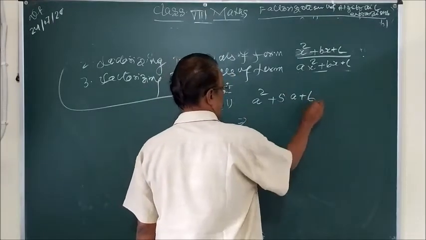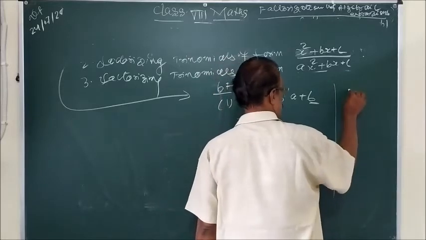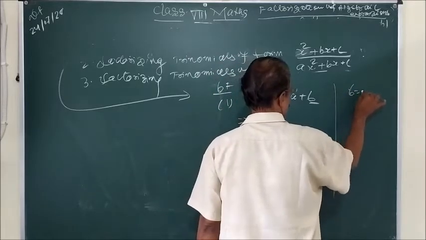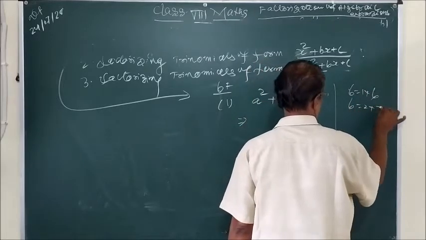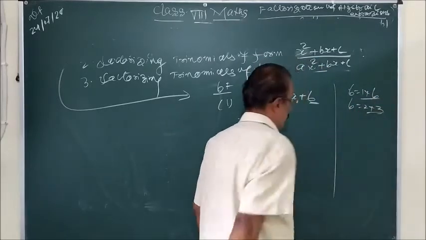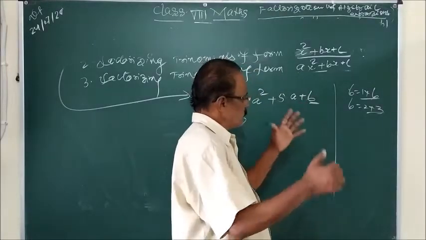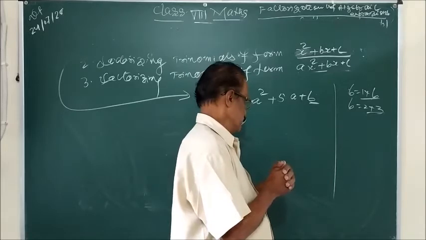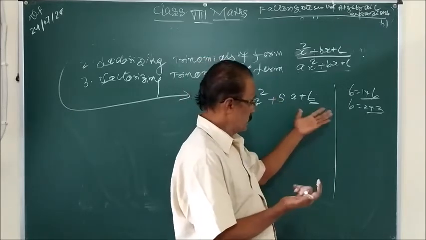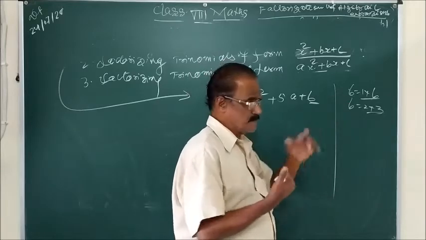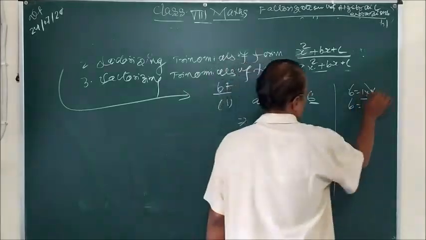For this, what do we do? We take the factors of the constant term: 6 is equal to 1 into 6 or 6 is equal to 2 into 3. These are two pairs of factors of 6. Now you have to choose one pair so that the sum should be 5. Product will surely be 6 because these are the factors of 6.